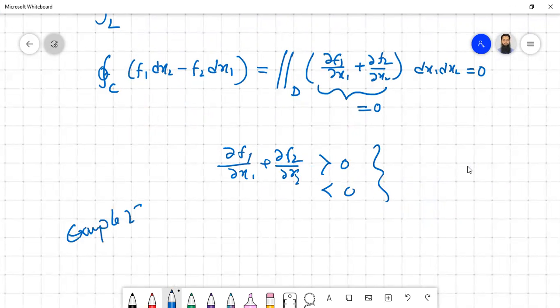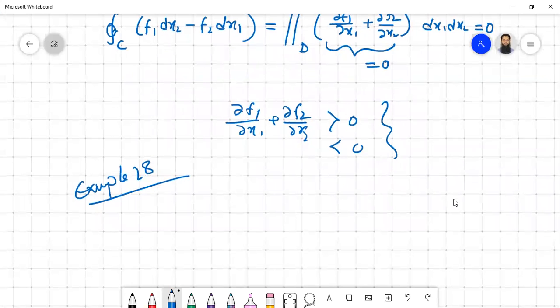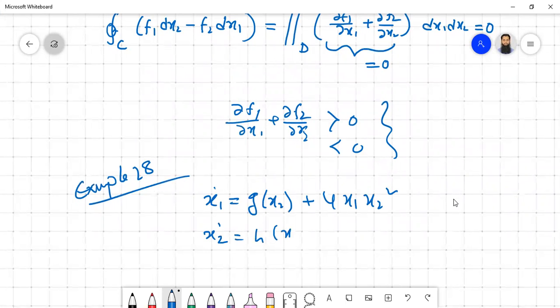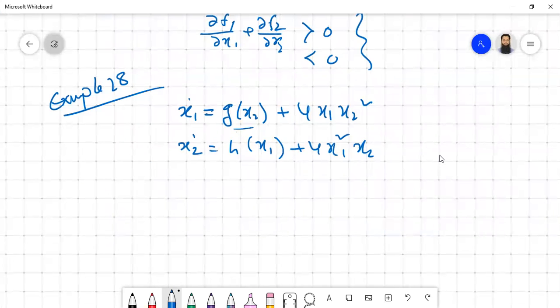One example, example 2.8, is from Slotine's book. A quick one: x1 dot equals g x2 plus 4 x1 x2 square, then x2 dot equals h x1 plus 4 x1 square x2. This is a simple function of x2, this is a simple function of x1, but what we need is del f1 by del x1.